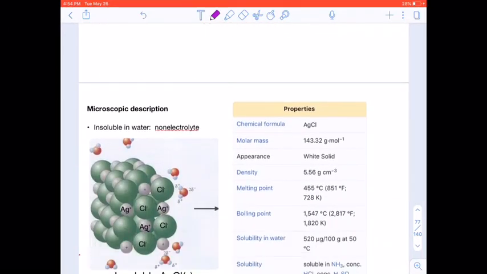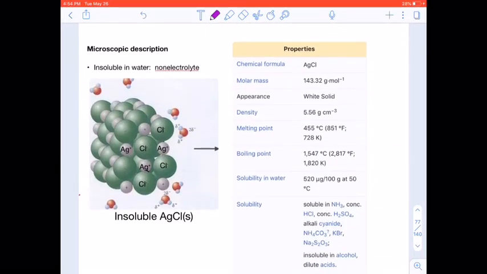Let's look at the next one. Here we've got silver chloride, as you can see, and here you've got these water molecules as well.